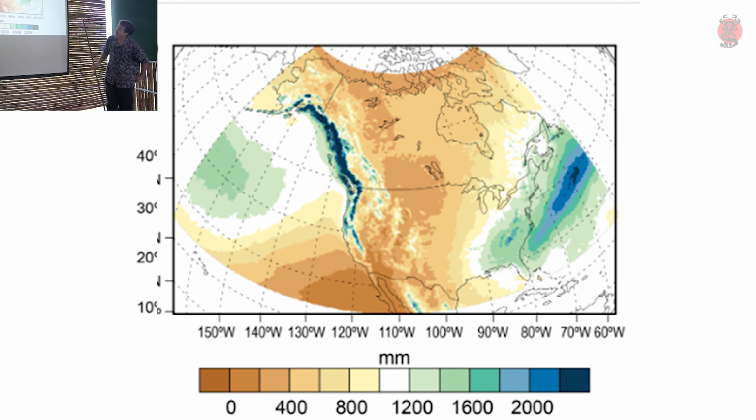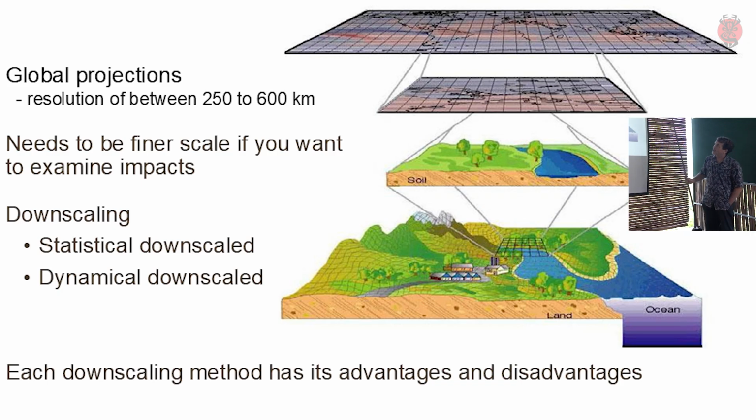Okay, next slide. So what downscaling is, from global grids, you focus into a local area, you have to have information about the local area. So you need data, rainfall data, you need temperature data, you need elevation models to be able to do your downscaling.